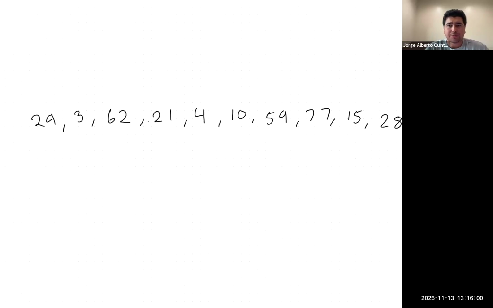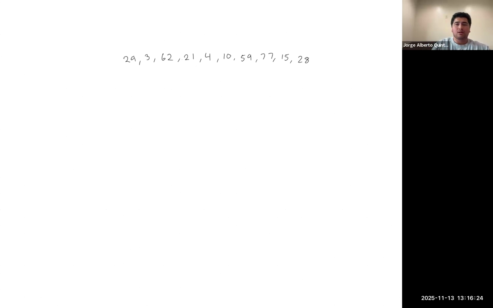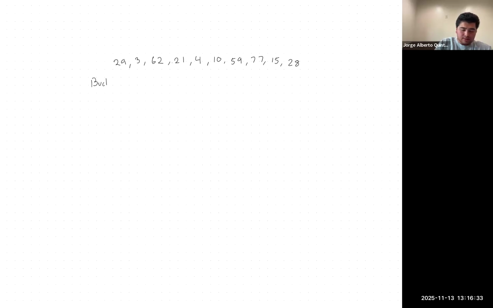So we'll use 10 buckets, each with a range of 10. So bucket 0, sorry, let me zoom out. Bucket 0 will have a range of numbers 0 to 9.